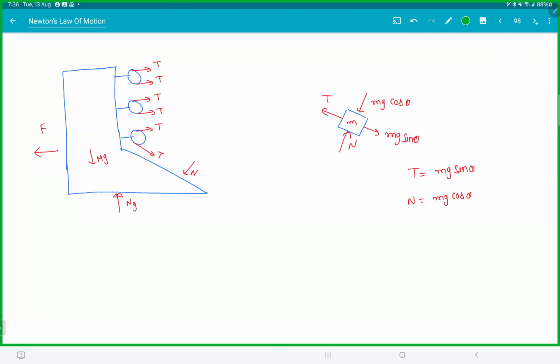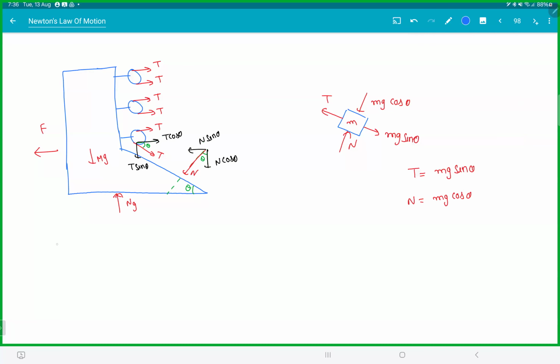Now here, if you look at the components, if this is theta, this is theta, this is theta, this component would be N cos theta. This component would be N sine theta. This component would be T cos theta. This component would be T sine theta.